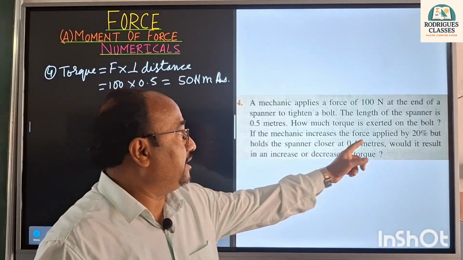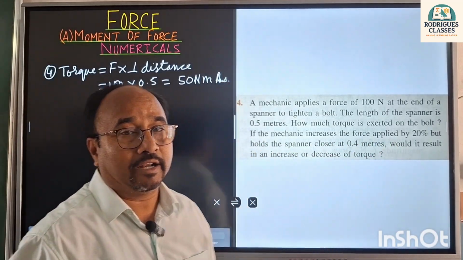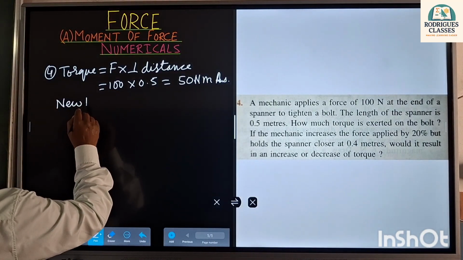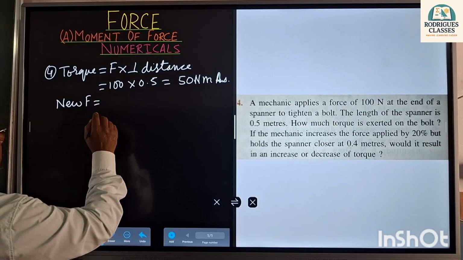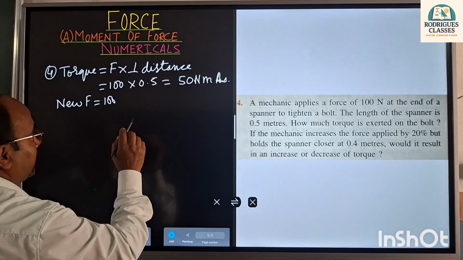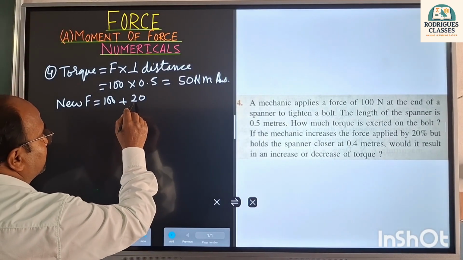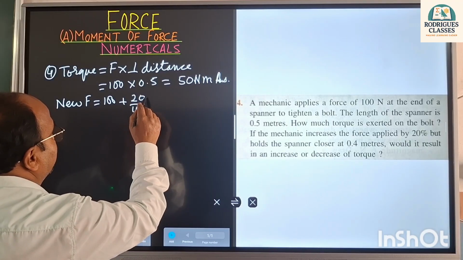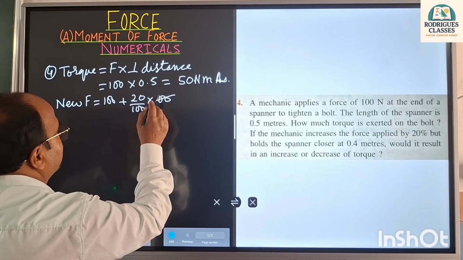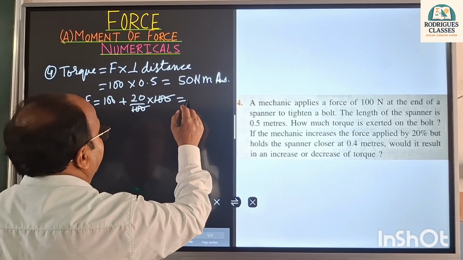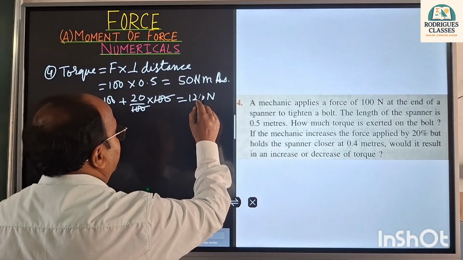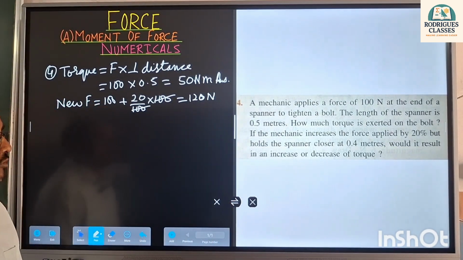Now, if the mechanic increases the force applied by 20%, let us find the new force. It is increased by 20%, 100 is already the force, plus 20% increase. So 20 by 100 into 100, this is cancelled, 100 plus 20 will give you 120 Newton as your new force.